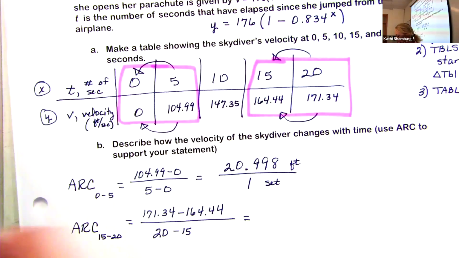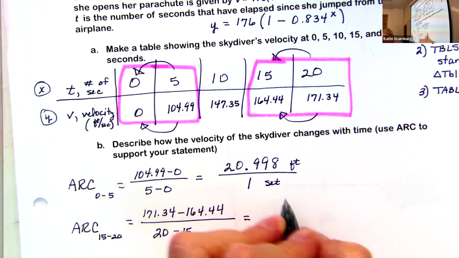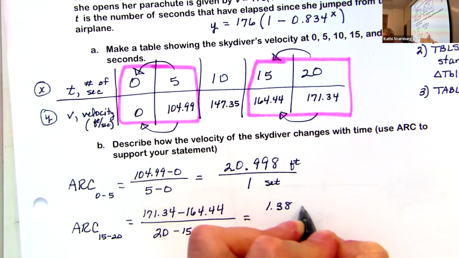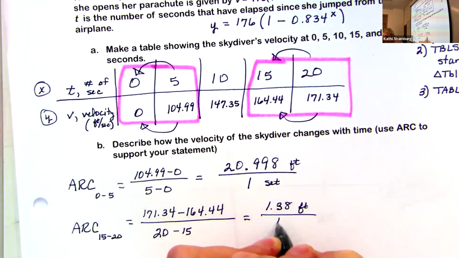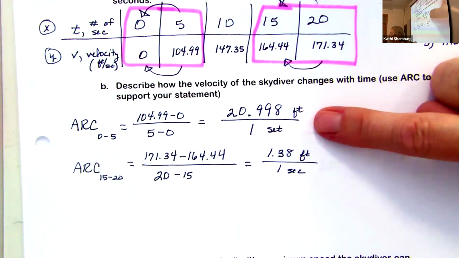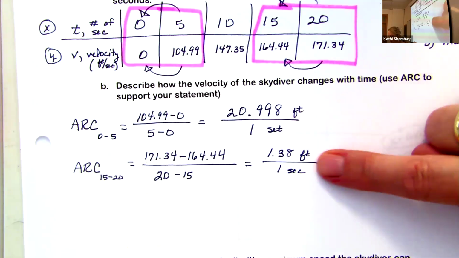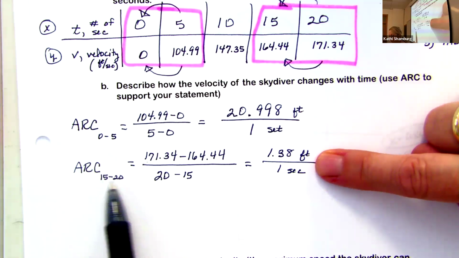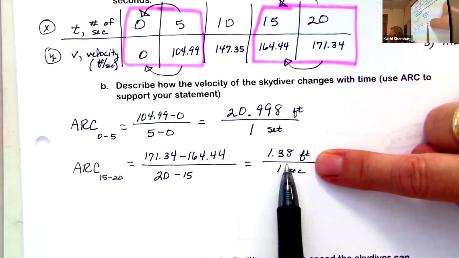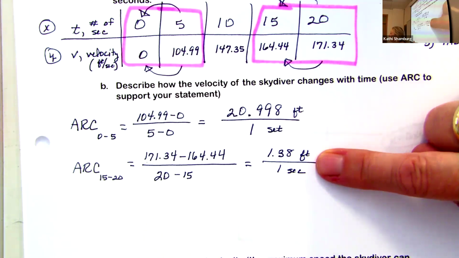You guys get 1.38? 1.38 feet every second. So you can see when she started, she was dropping a lot faster, almost 21 feet per second. But then from 15 to 20 seconds, it's just dropping 1.38 feet per 1 second.